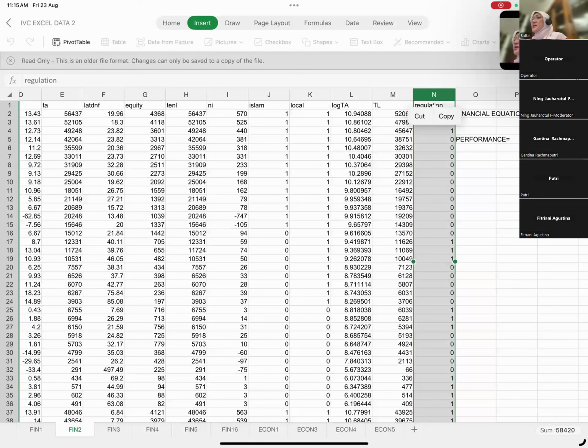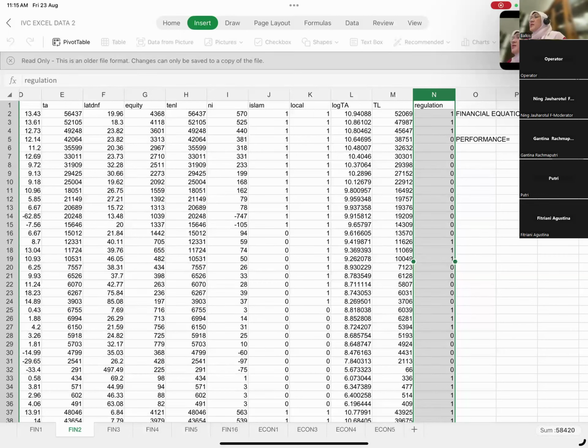The regulation changed in year 2013. There are several changes made by central bank, such as on the capital adequacy ratio, CAR.